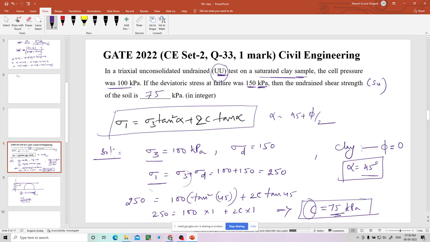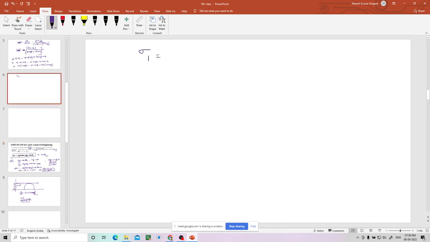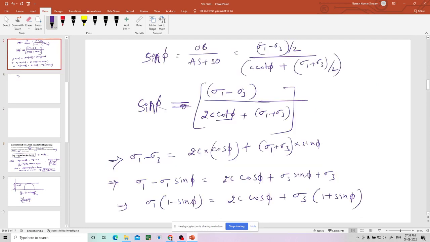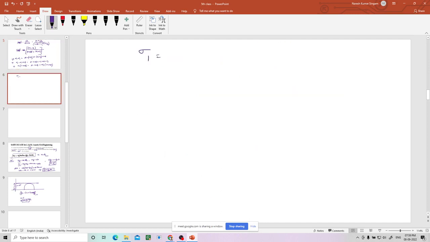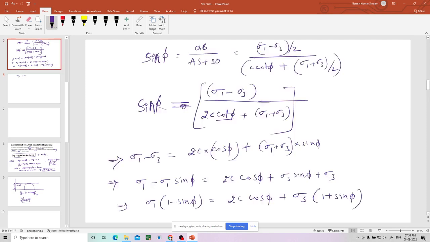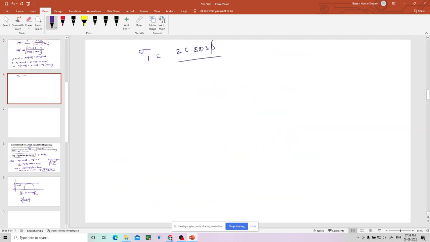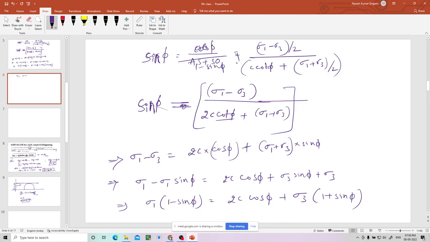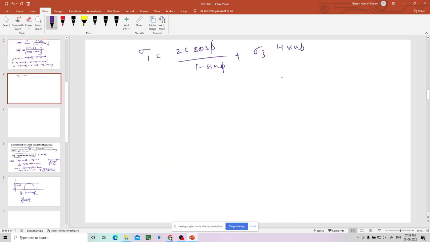So is there any doubt in this problem? I told you I will derive this again here. Just to keep note of sigma 1 equals sigma 3 (1 plus sin phi) by (1 minus sin phi) plus 2c cos phi by (1 minus sin phi). It was deleted, so again I am writing it.